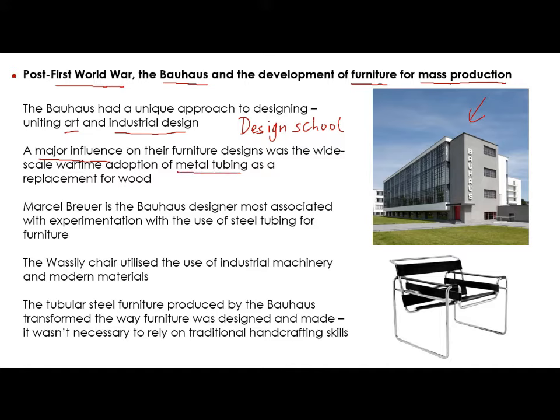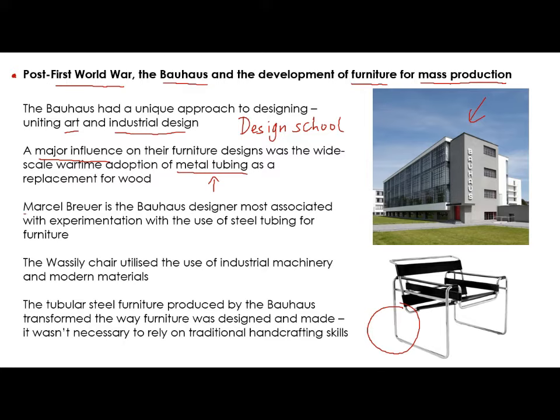Lots of metal tubing was being used as a replacement for wood in aircraft and war vehicles, like what you can see on this chair here. Wood obviously has some weaknesses depending on the structure and the grain direction. So it was becoming much more common to see metal tubing used in furniture design.